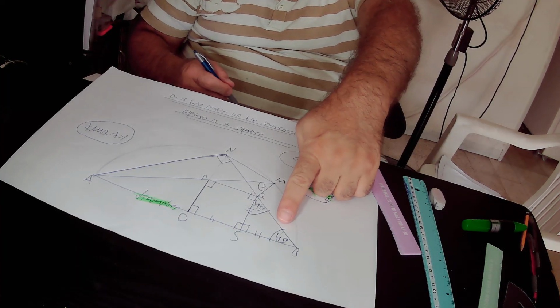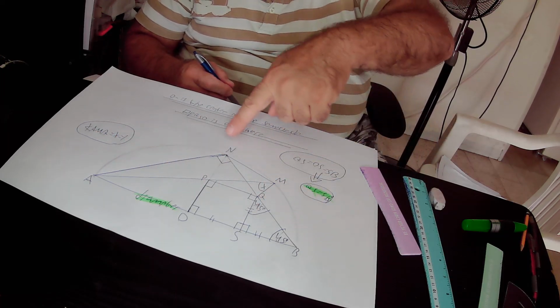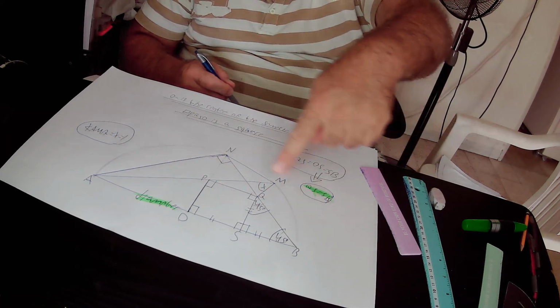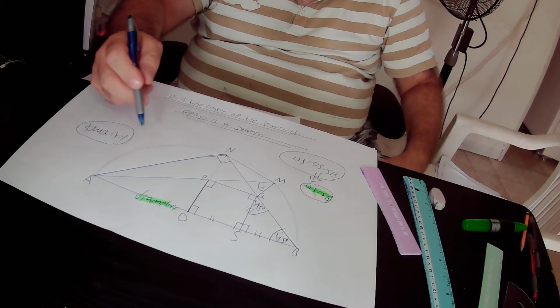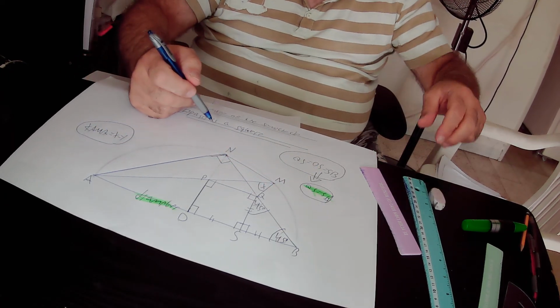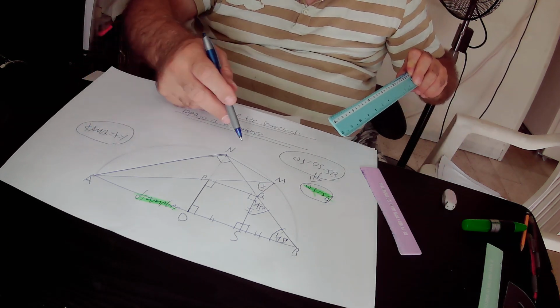This is angle ABN. Angle ABN subtends on chord AN. Repeat again, angle ABN subtends on this chord called AN.